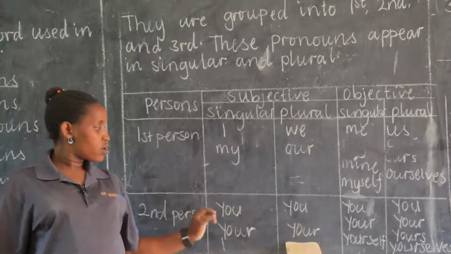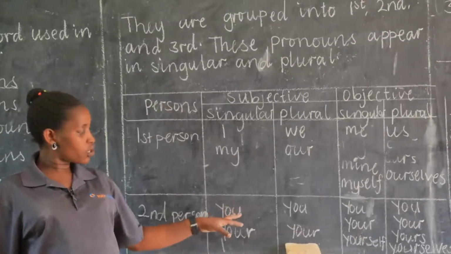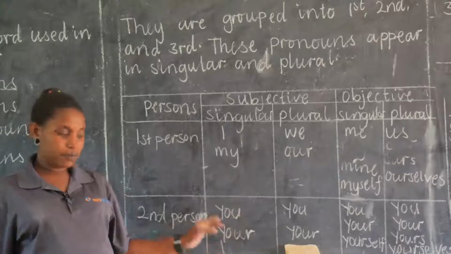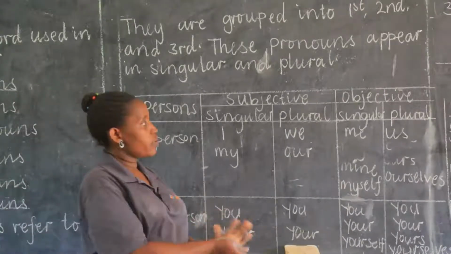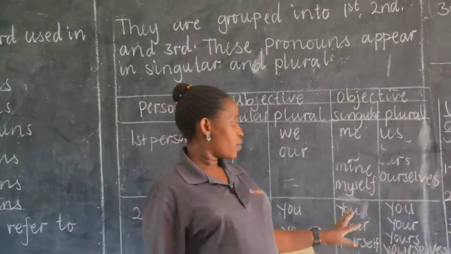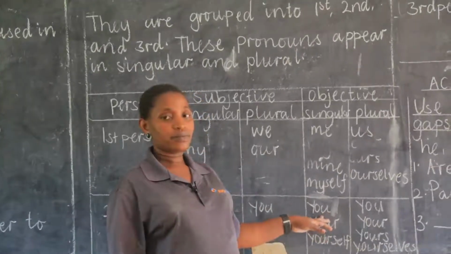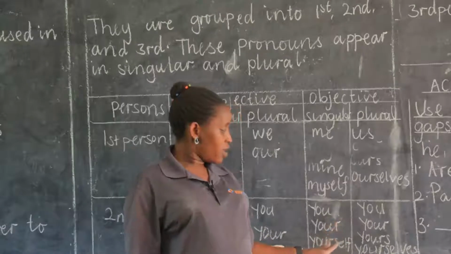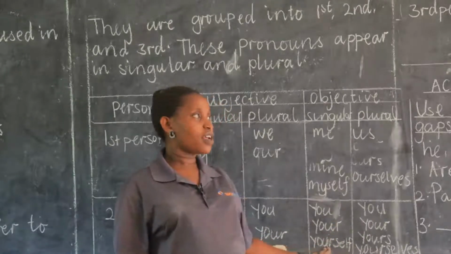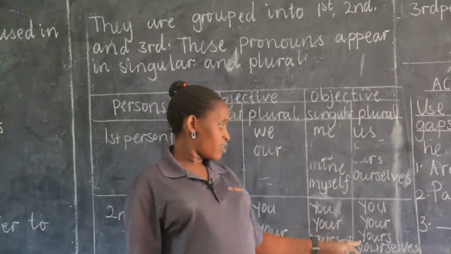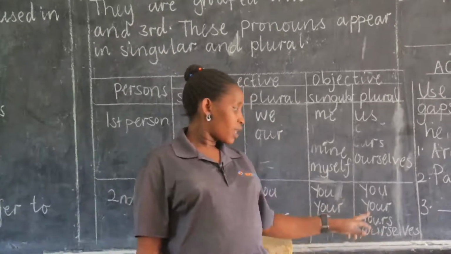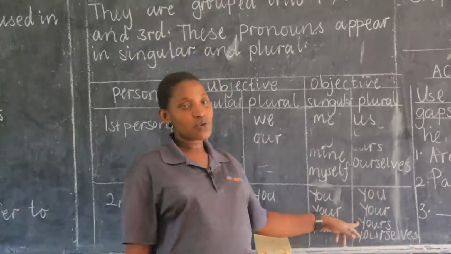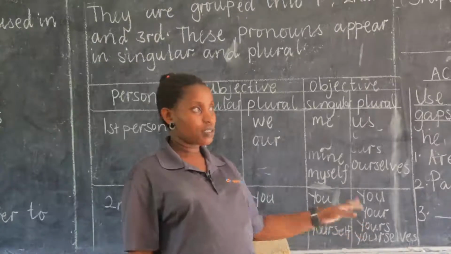Possessive, your, then personal, you. All of them. Then when we come to objective, we have you still. Then when you come to reflexive, we shall have yourself, then yourselves. And possessive, we shall have yours. Second person is very easy.